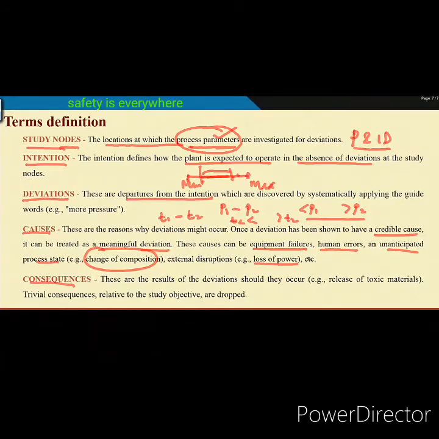And if you go further, you will find that the timer does not work, or the operator could not manually remove the switch, or otherwise discard the switch. So many things are there. So, this kind of analysis, once you do it, will give you the causes.